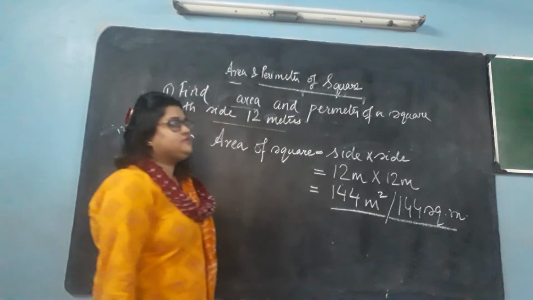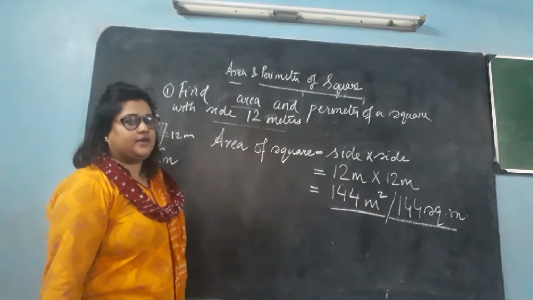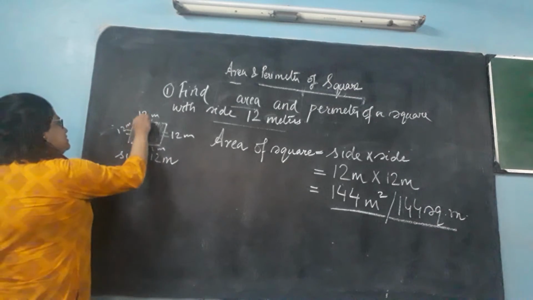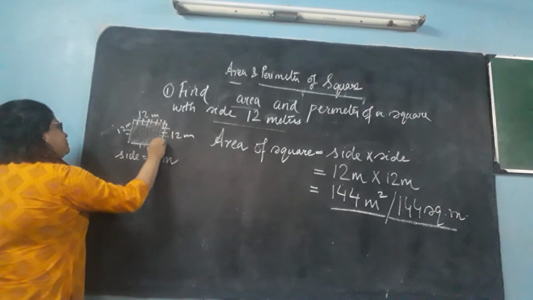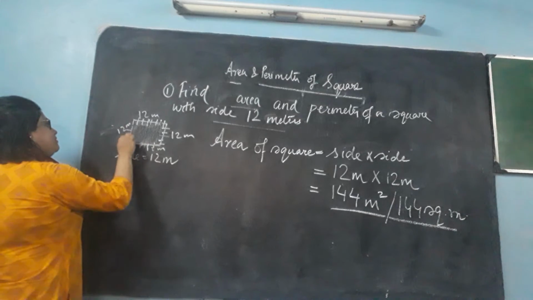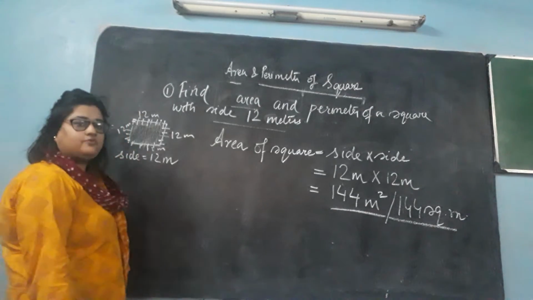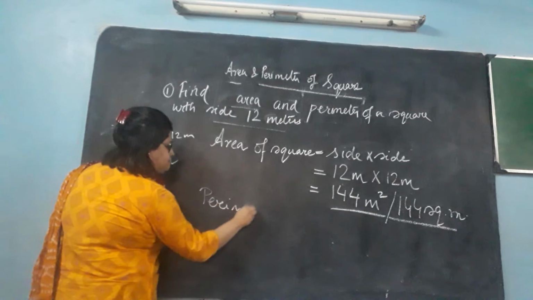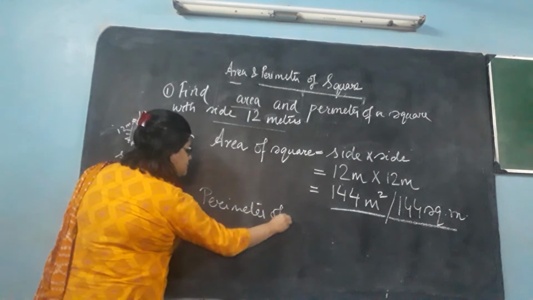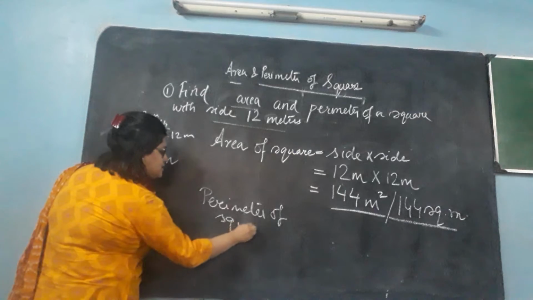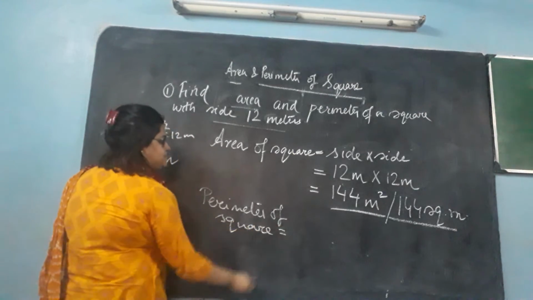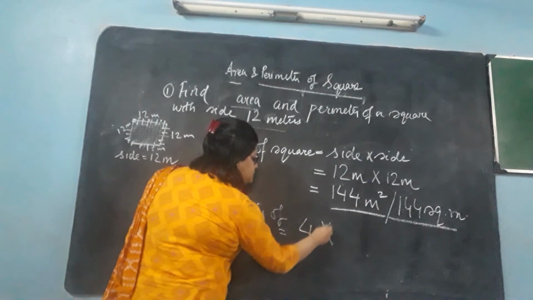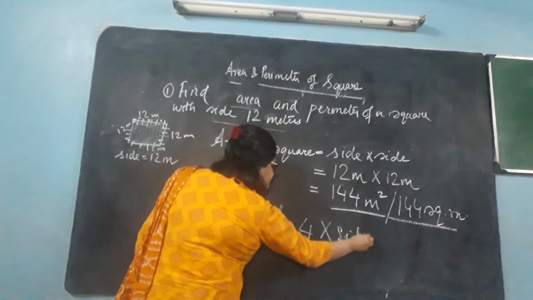Now the second question: find the perimeter of the square. Perimeter means the measurement of the boundary of a square. So how to measure the boundary of a square? The formula already discussed for the perimeter of a square is 4 into side.